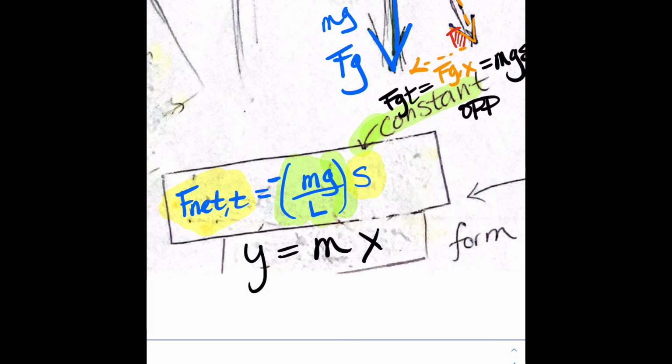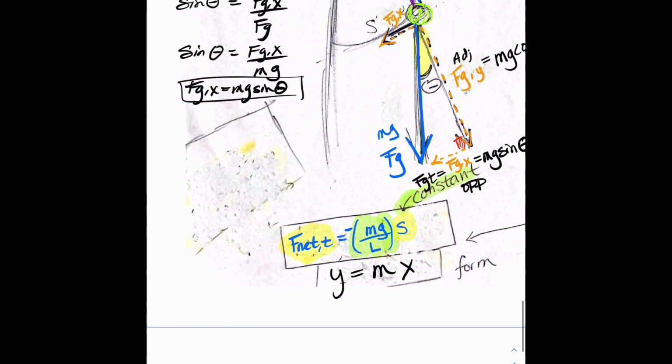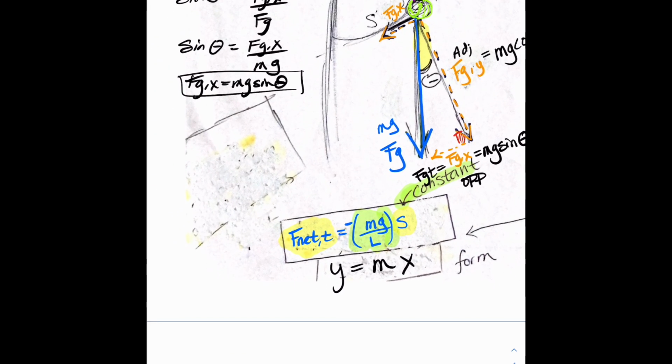If you would have pulled the pendulum the other direction, then it would be a positive sign out there, so it's not a big deal. It's just going to send it back towards equilibrium.